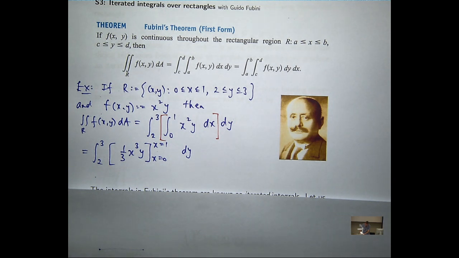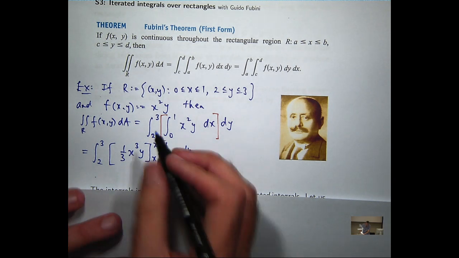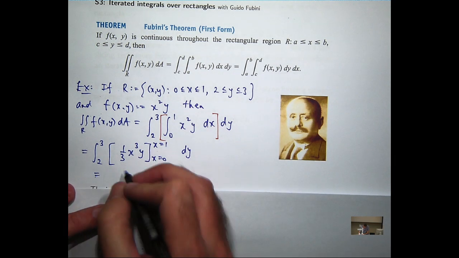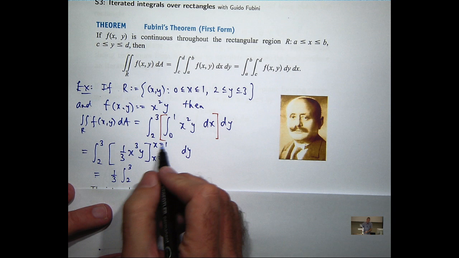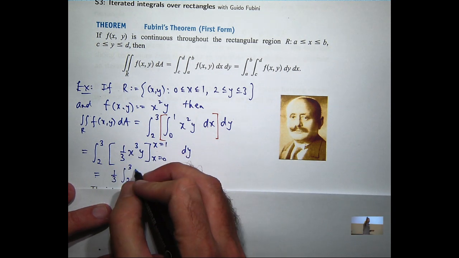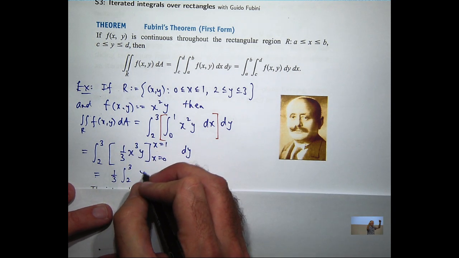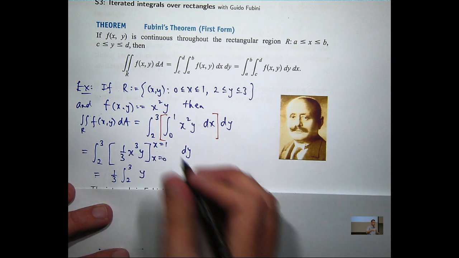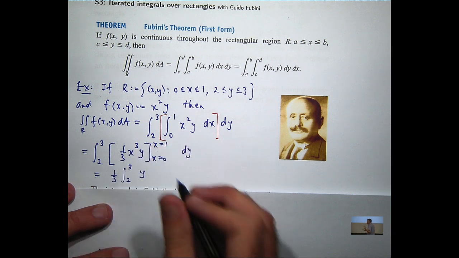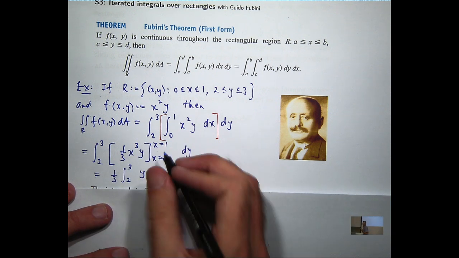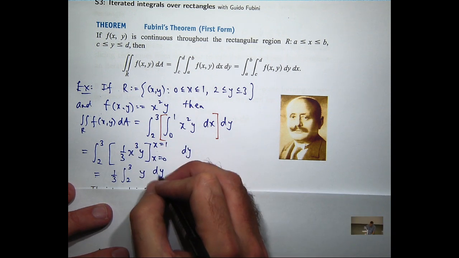So I can pull out this factor of 1/3, no problem. When I plug in x equals 1, I'll get 1 cubed, which will just give me the y, times y here. When I plug in x equals 0, I'll get 0. So I'll get something like this.